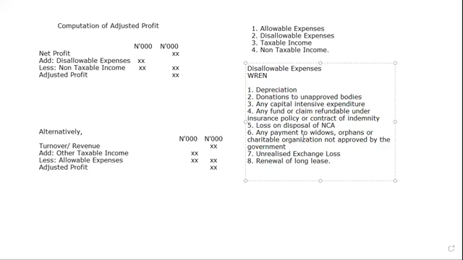Any payment to widows and orphans still boils down to donations to unapproved bodies. Then we have unrealized exchange loss, then renewal of long lease. All of those items are disallowed. By the time we start looking at questions, we will get many more of them. Are we together? Thank you, sir.